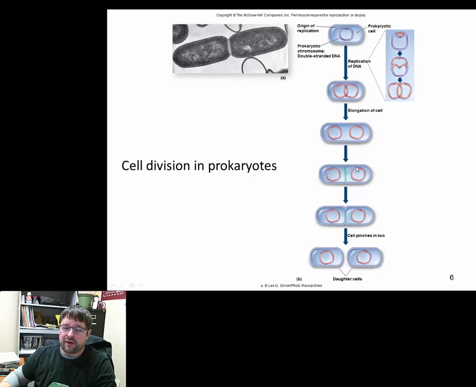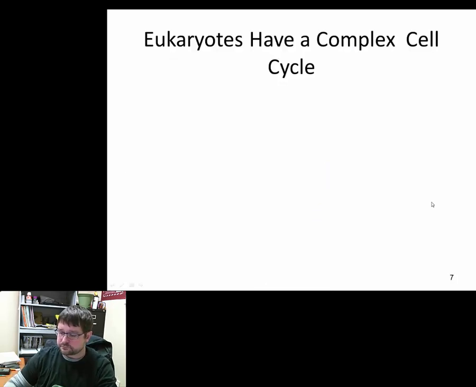So it doesn't always have to break free and have 2 separate daughter cells. Sometimes they remain connected through kind of a glycoprotein connection between the 2 to create these long chains of bacteria. And we'll look at these later when we talk about bacteria more.